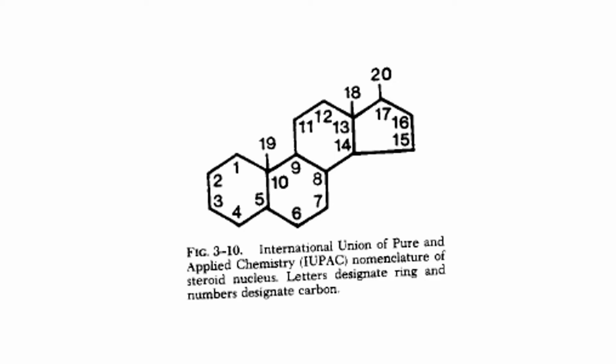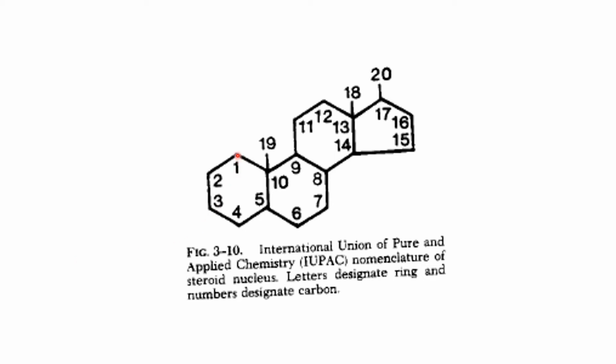So we got really 3 benzene rings and then a pentane ring over here, and every one of these numbers refers to a carbon atom, and these carbon atoms are numbered by biochemists for a reason, and these numbers will never change.